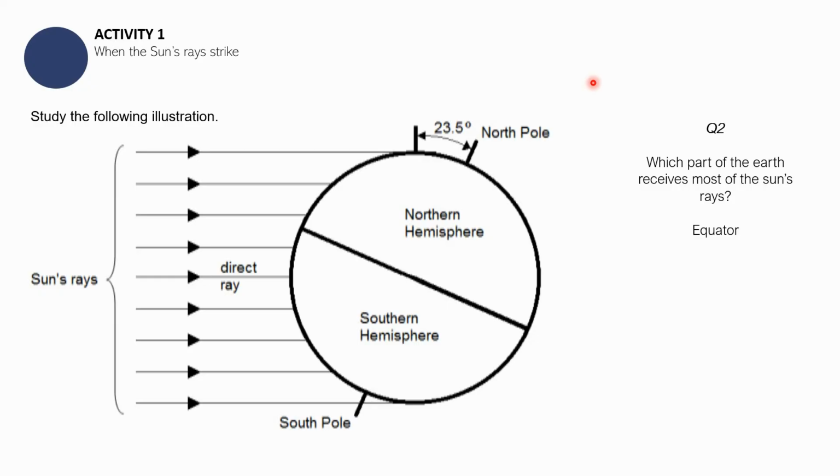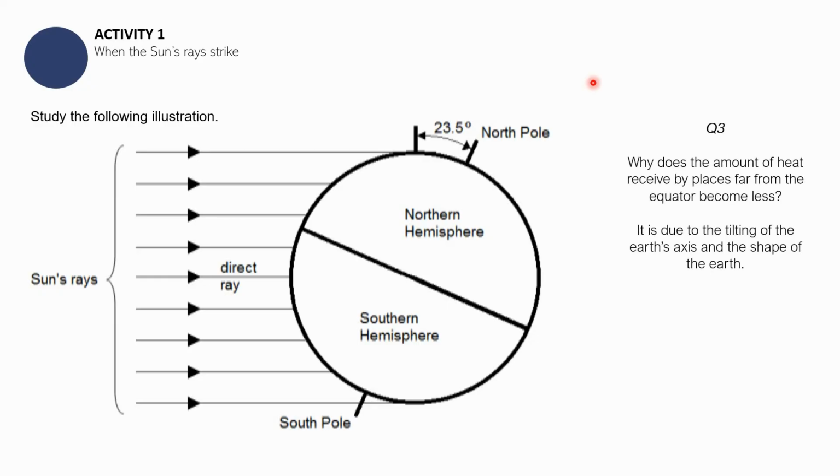Okay. Question number 3. It is due to the tilting of the Earth's axis and the shape of the Earth. So the tilt of the Earth's axis and the shape of the Earth. So those are the 2 important factors na kailangan mong tandaan in answering this question. Kung bakit yung amount of thermal energy na nare-receive ng mga places na malayo sa equator is becoming less.